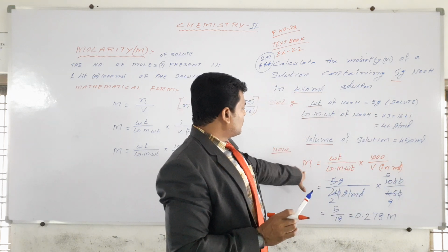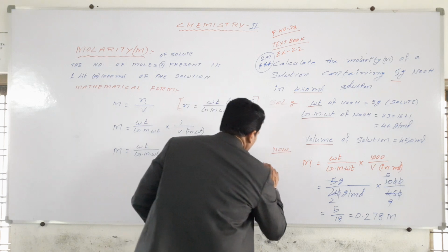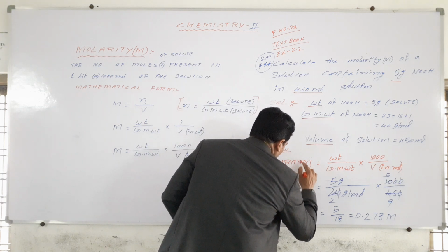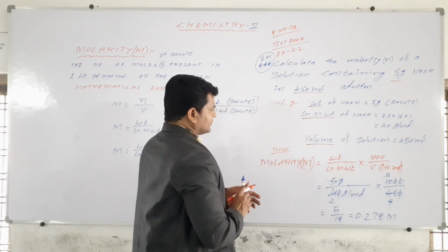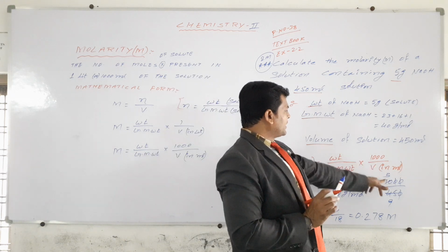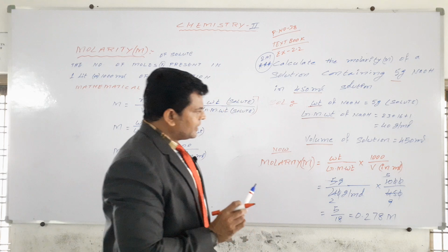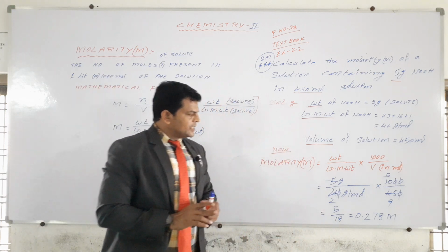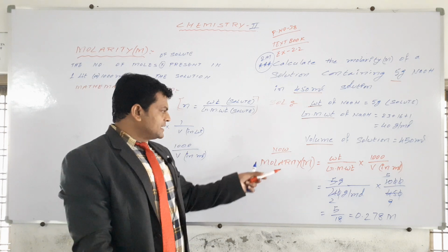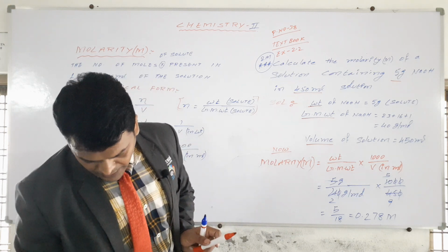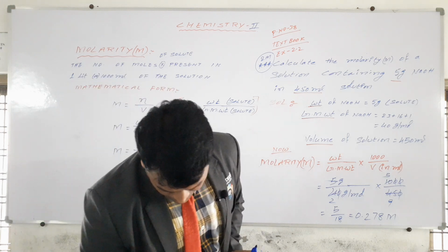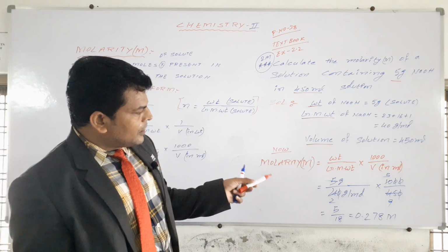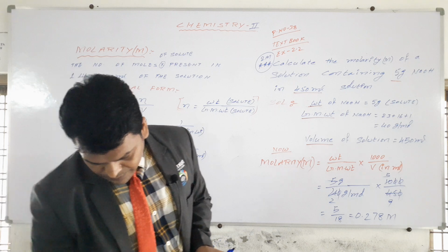Now molarity equal to weight by gram molecular weight into 1000 by V in milliliters. Then on simplification you will get 5 by 18, 0.278 moles per liter. Okay, important problem it is. Capital M or moles per liter.